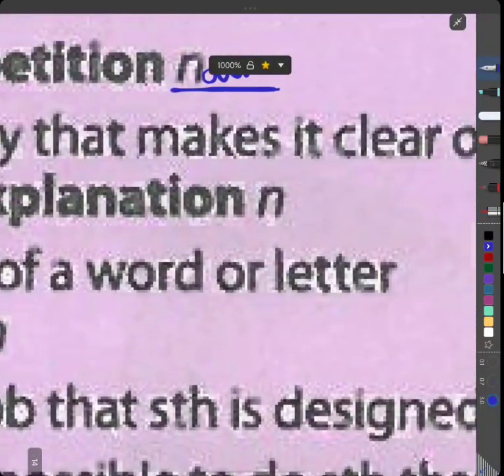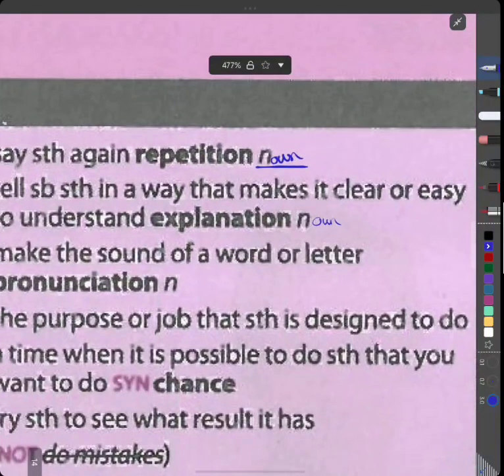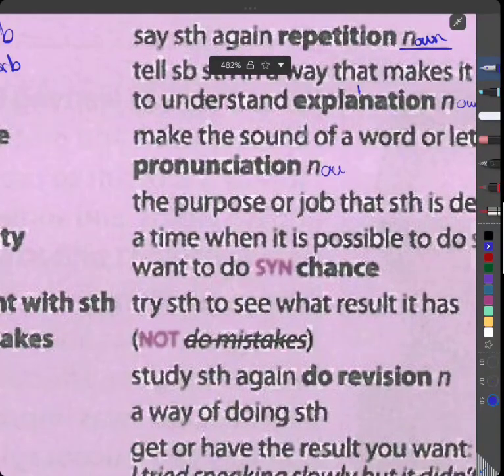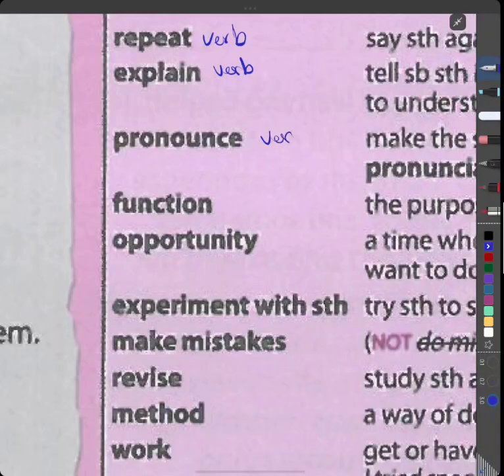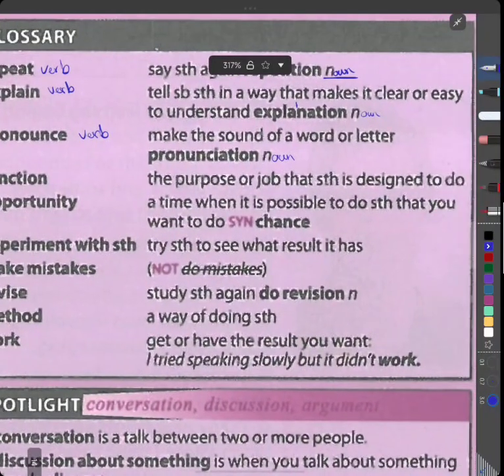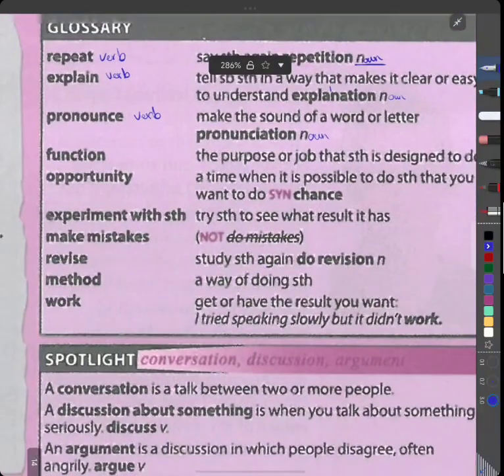Explanation is a noun. Pronounce: make the sound of a word or letter. Pronunciation is a noun and pronounce is a verb. Function: the purpose or job that something is designed to do, okay?